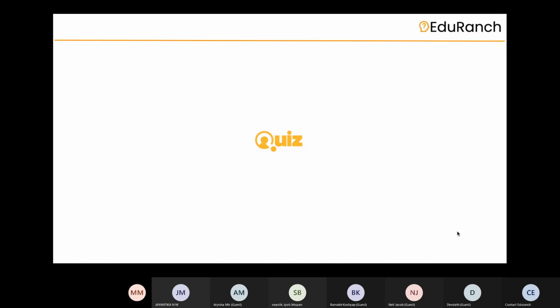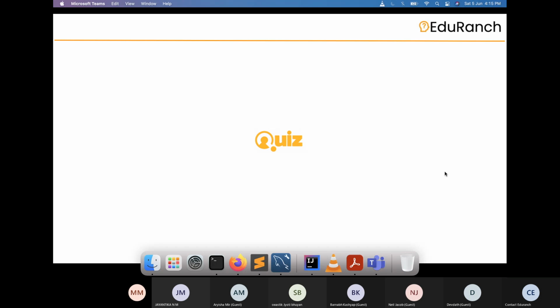Okay, let's take some quick questions. So we have seen a lot of things, right? We have learned the evolution of computers, what it was, how it evolved. What do you think is the most important thing in this whole journey? How did the computers evolve? What is the most important thing?